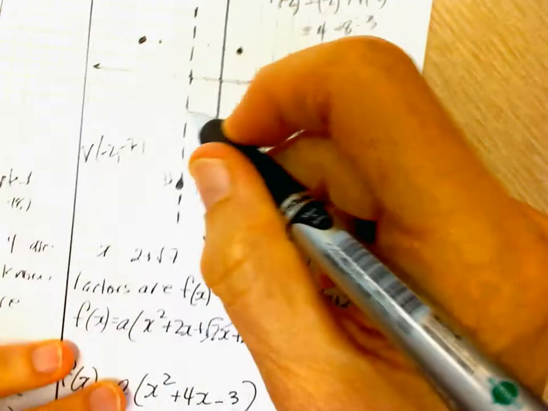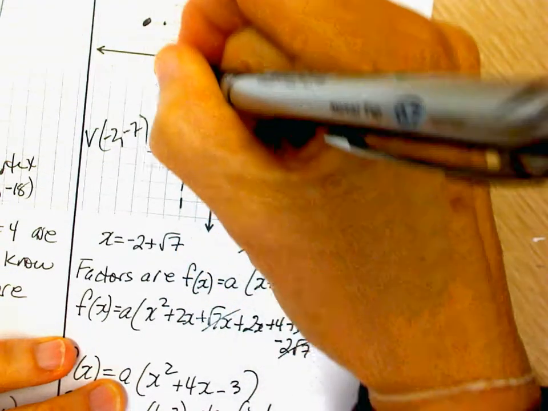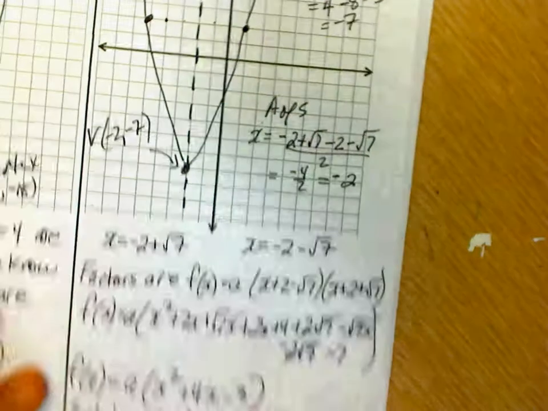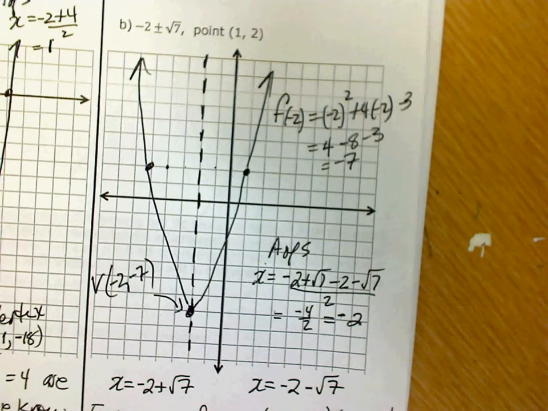And that's enough to sketch our graph. It doesn't have to be accurate. Fair enough? So that's how you find an equation of a function given two roots and a point.